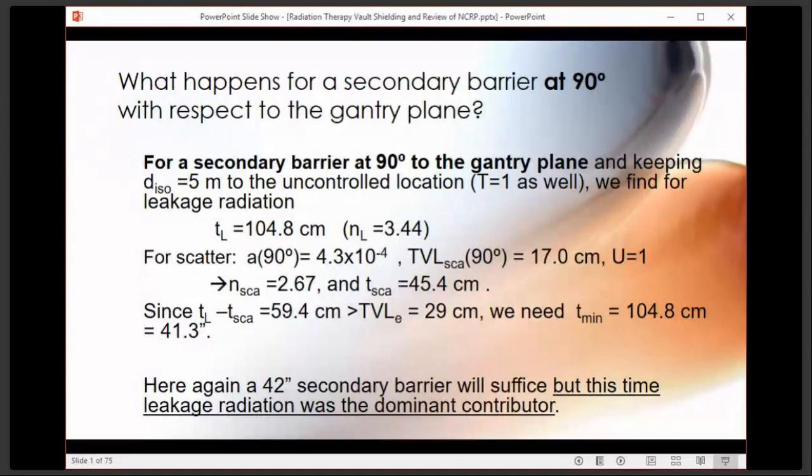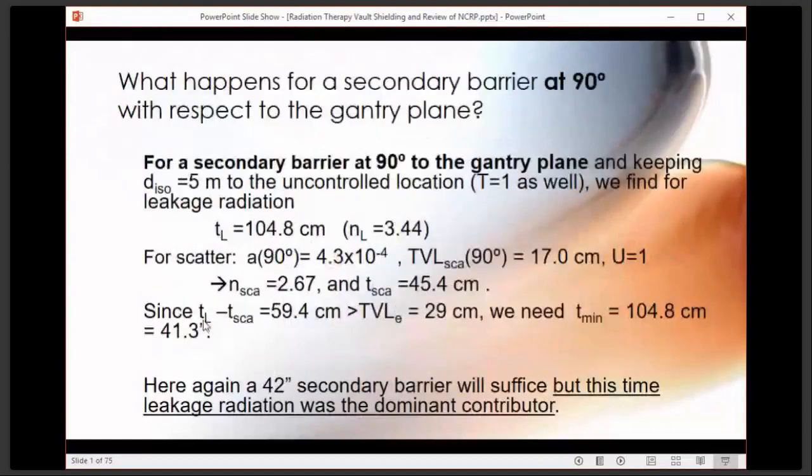So our use factor is 1. Whether the gantry is pointed up, down, horizontally, there's always 90 degree scatter going toward that barrier. So the number of scatter TVLs required turns out to be 2.67, and the thickness for scatter is 45 cm.